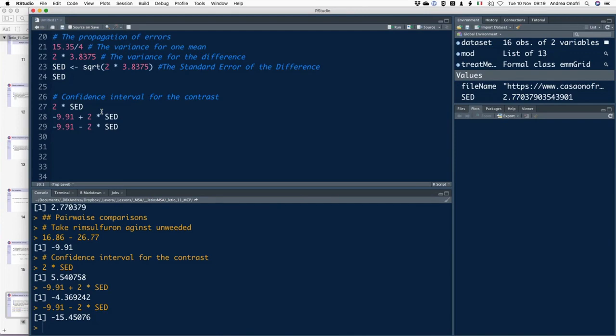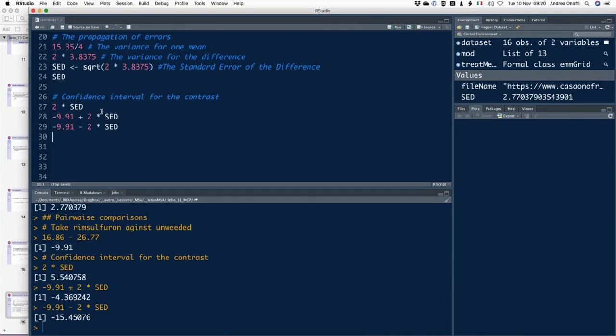I mean, if we repeat the experiment several times, we should obtain differences within the confidence interval. So we are pretty sure that the difference is not zero, it is lower than zero, it is negative.